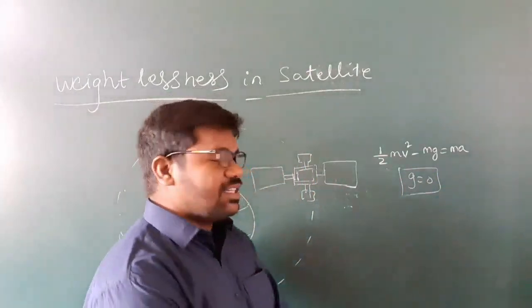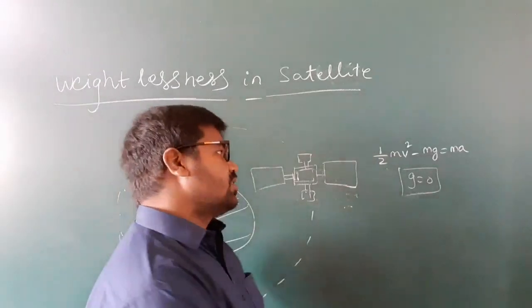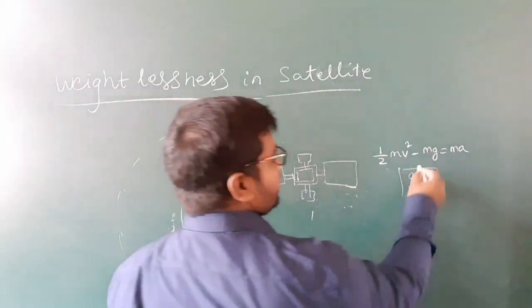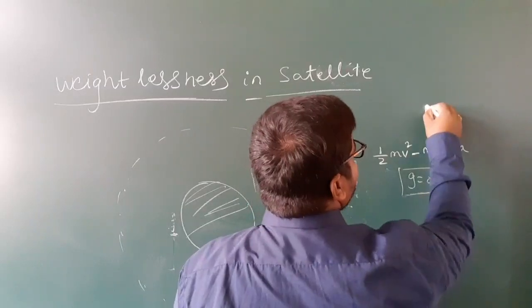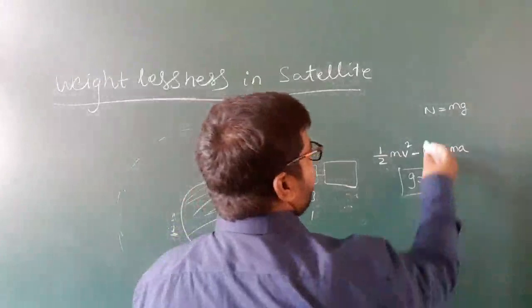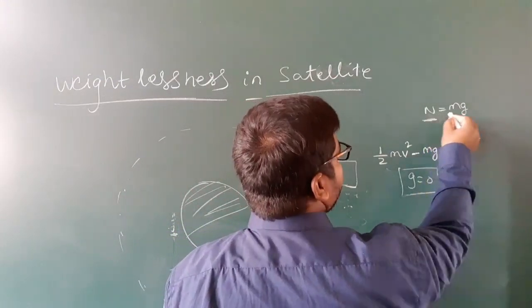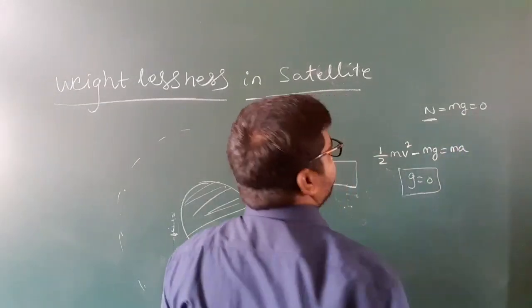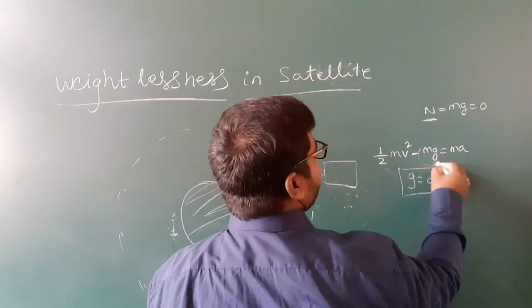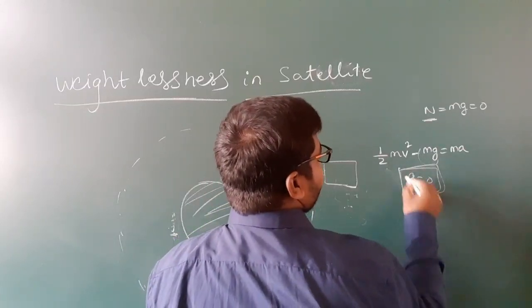Acceleration due to gravity is 0. Otherwise, N is equal to mc, and here there is no normal force, so mc is equal to 0, which means acceleration due to gravity is 0.